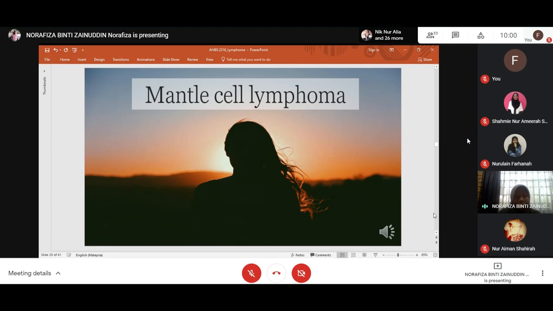Most cases will involve GIT and also bone marrow. There is an overproduction of cyclin D1. Yeah? So identification of this excess cyclin D1 is a very good tool in diagnosing MCL.